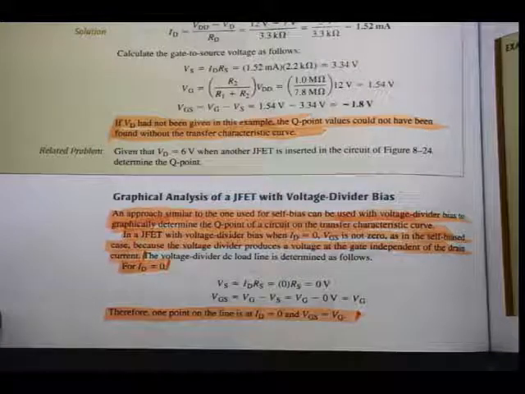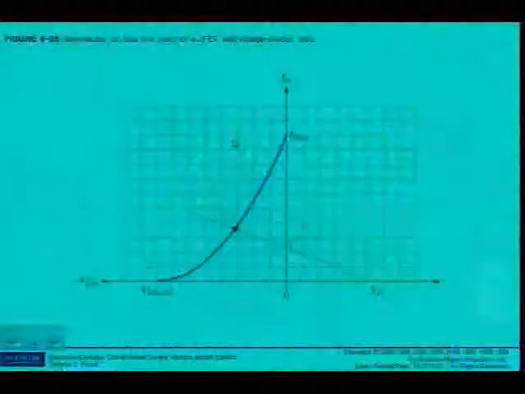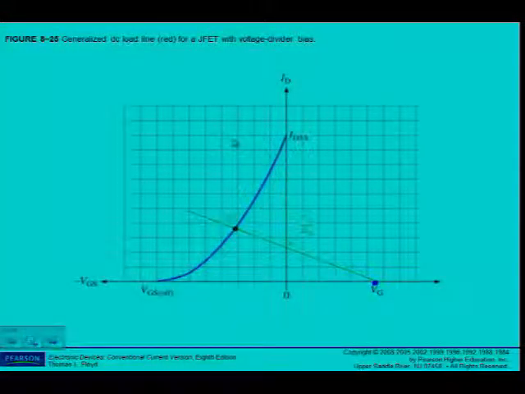So it's going to be equal to VG. Alright, and I can see it here on the curve for the voltage divider bias. So you can see there's my first point that I can plot on my curve.